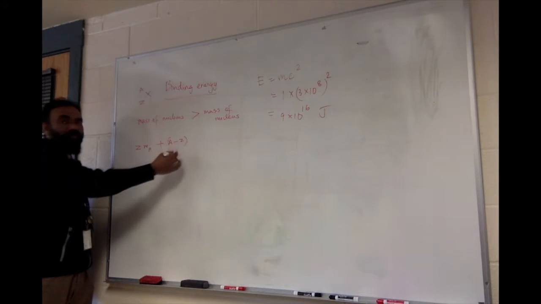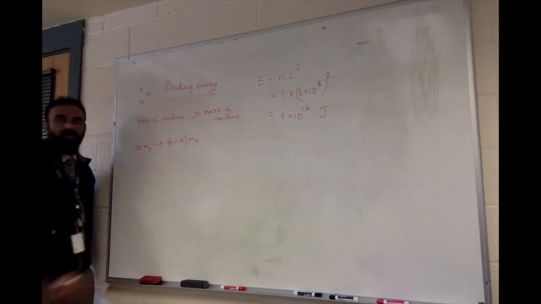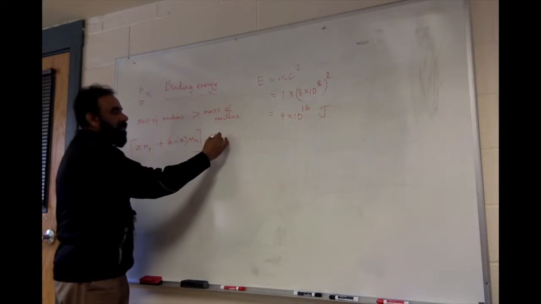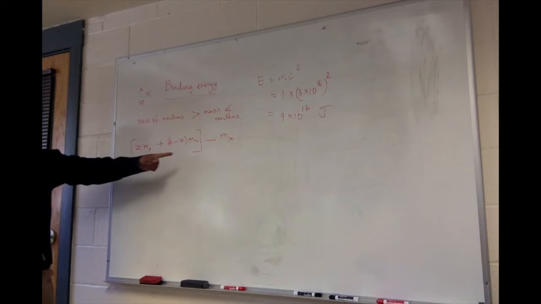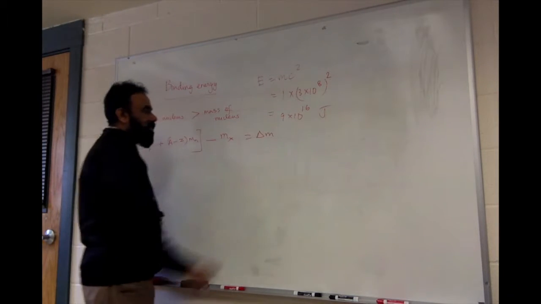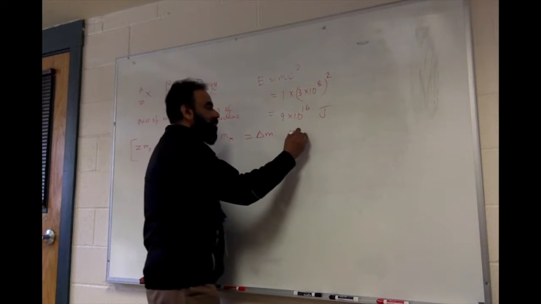A minus Z number of neutrons times Mn. This is the mass of the nucleons. And that minus the mass of the nucleus will give you an amount of mass difference, and that is called the mass defect.